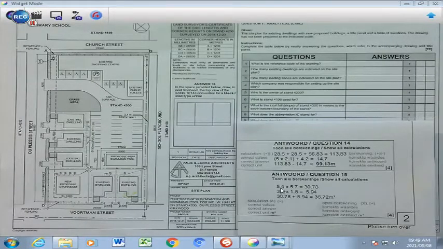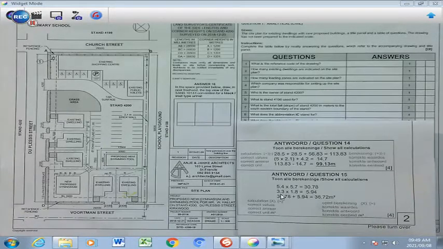If I look at my answer, the big rectangle would be 5.4 meters times 5.7, and that's going to give me 30.78 meters. You will find that I'm working with meters as it is. I've already converted. My small rectangle will be 3.3 times 1.8, and that's going to give me 5.94.